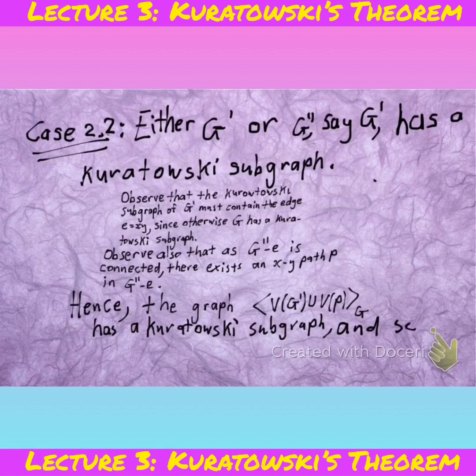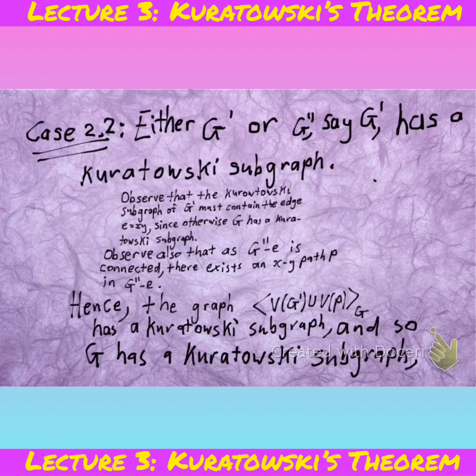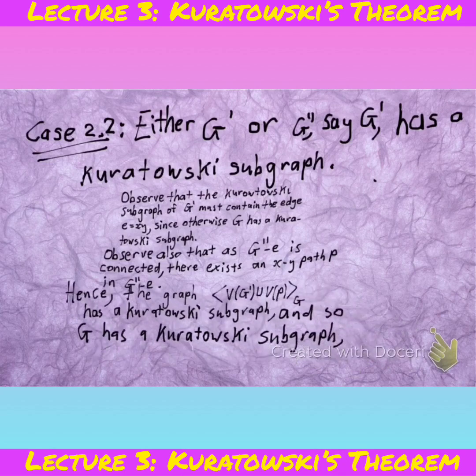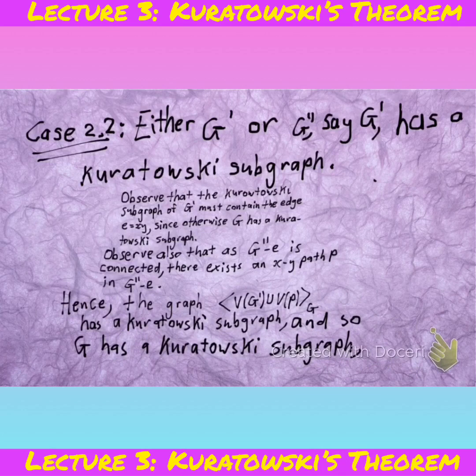So G has a Kuratowski subgraph. Okay, and that is clearly a contradiction.